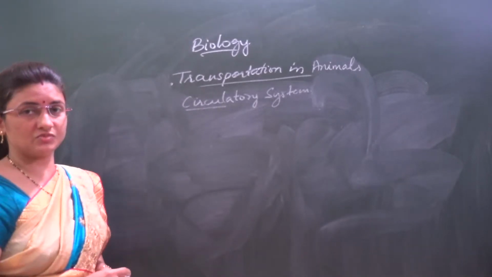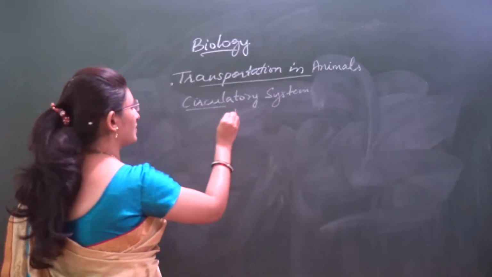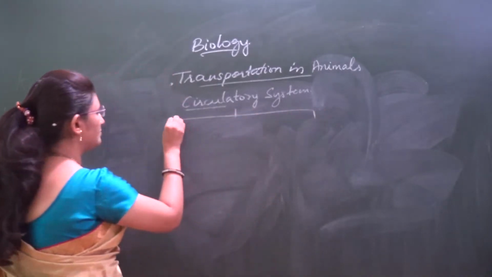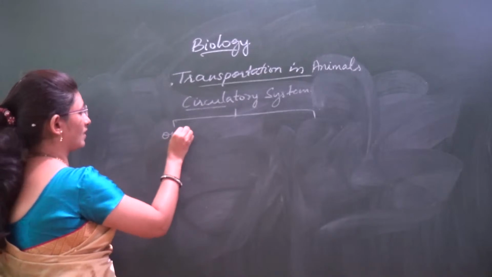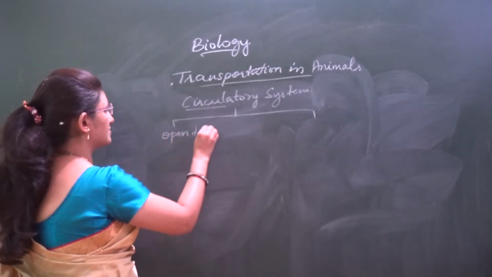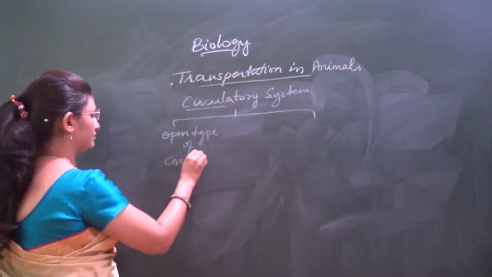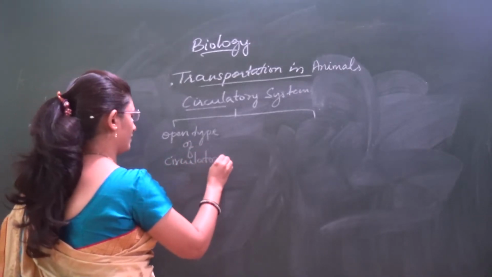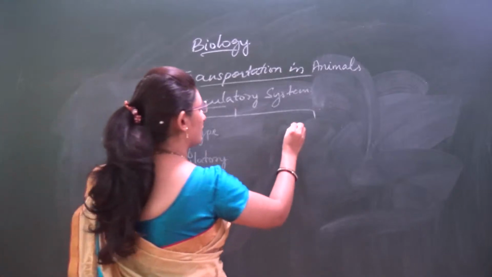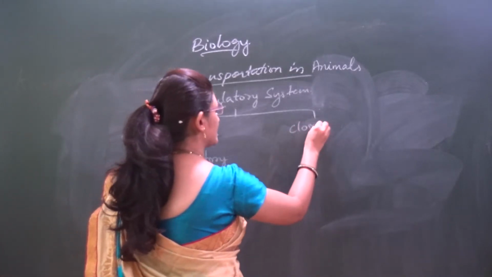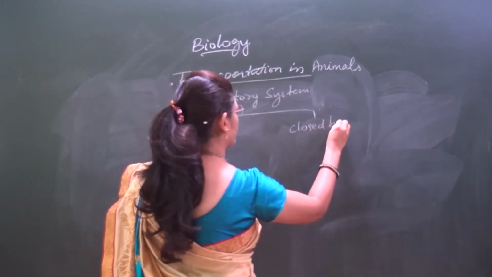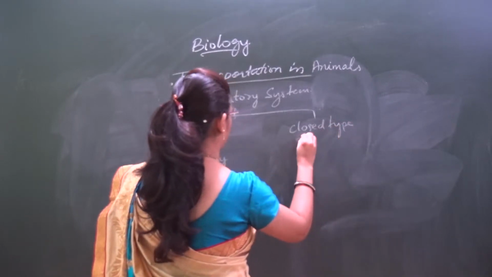That is the open type of circulatory system, and the closed type of circulatory system.